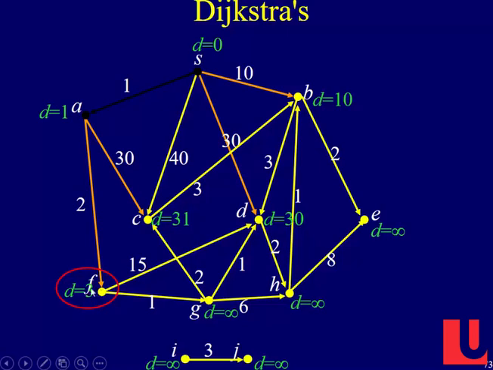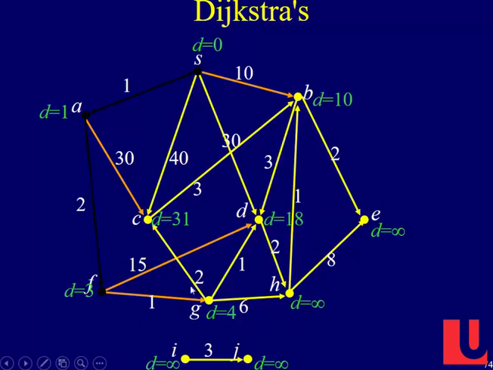So now when we handle this, well, this to here is of length 3 plus 15 gives you 18, which is better. Right? And here 3 plus 1 is 4, which is better than infinity. Right? So we update those guys. And since he's handled, we have the best path. Right? The 18, we don't know it's the best path. It's just the best handled path. But here, the d equals 3, we know is the best path.